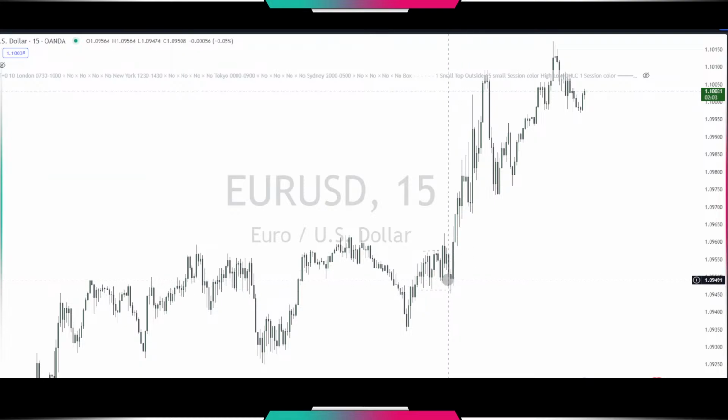So I bought it from here and put my stop loss 1 pip below this low, and I rode all this move up here, almost up to 1.1000. I think I got a really good RR. So that's how we do price action.